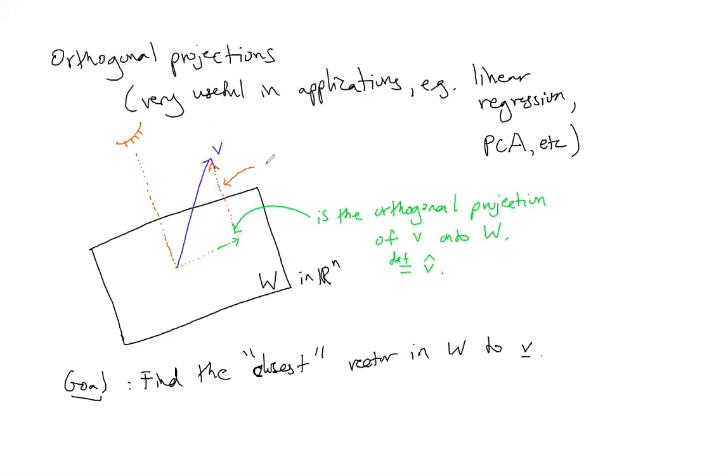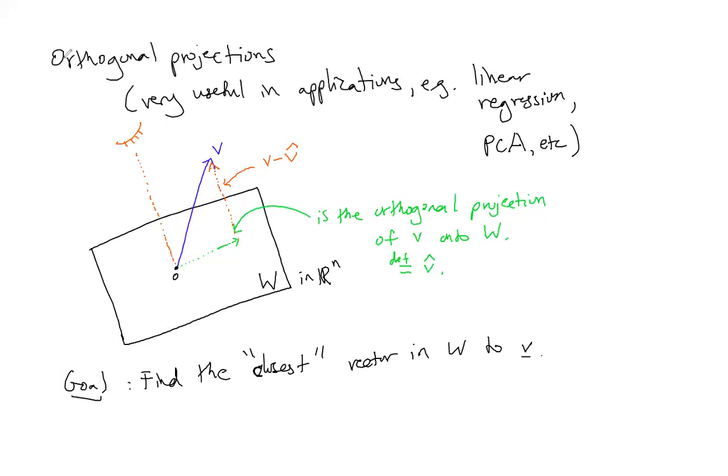This orange vector is v minus v hat. This is like 0 over here. It's defined so that v minus v hat needs to be perpendicular to W. And then we unwrap that and figure out what v hat needs to be.